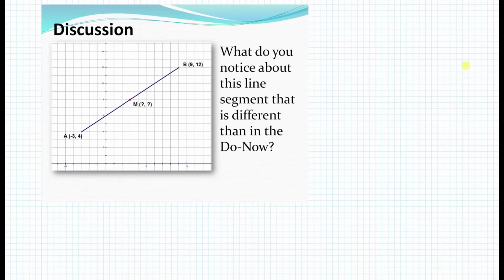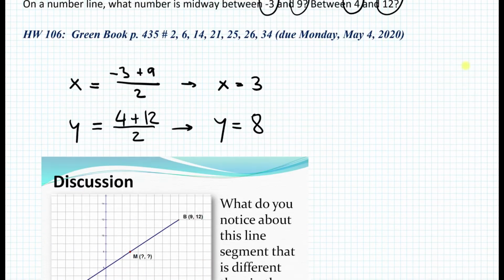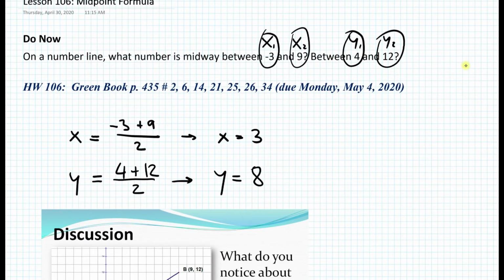As a matter of fact, what do you notice about this line segment that is different than in the do now? Obviously, we're superimposing the x and y axis. Because normally when you take the average between two numbers, you can think of it on the number line.